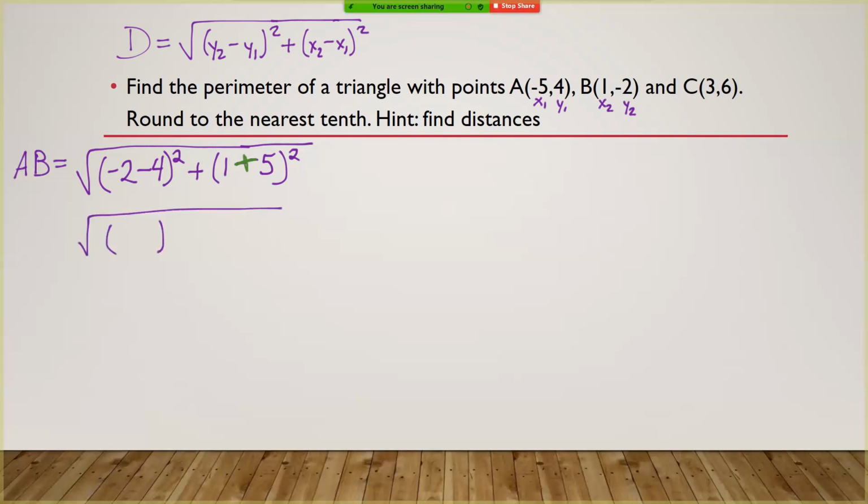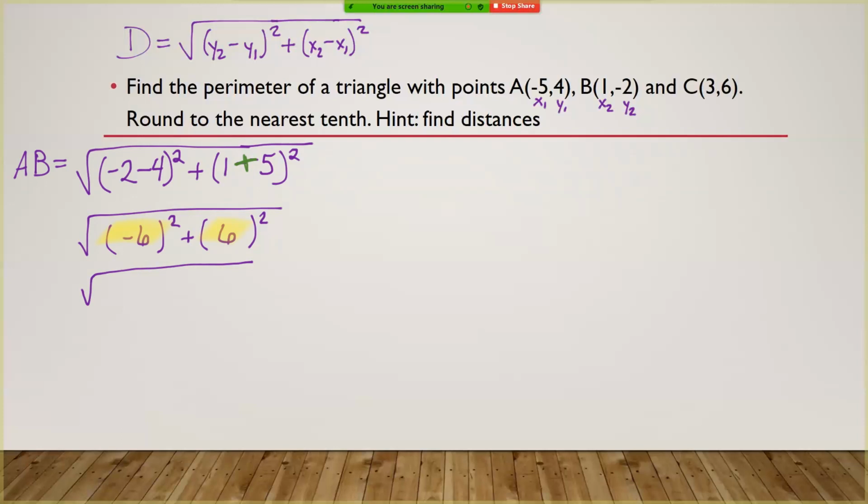For our next step, we're going to take our parentheses and we're going to simplify what's inside of them. So for this first one, I'm going to take -2 minus 4 to get -6. And 1 plus 5 to get +6. Now we're going to square each of these.